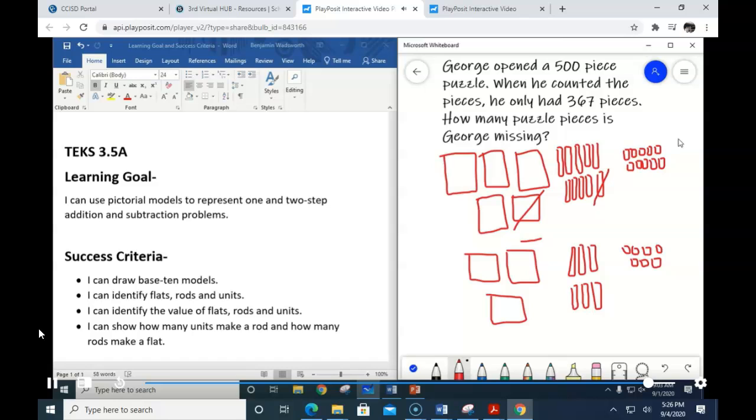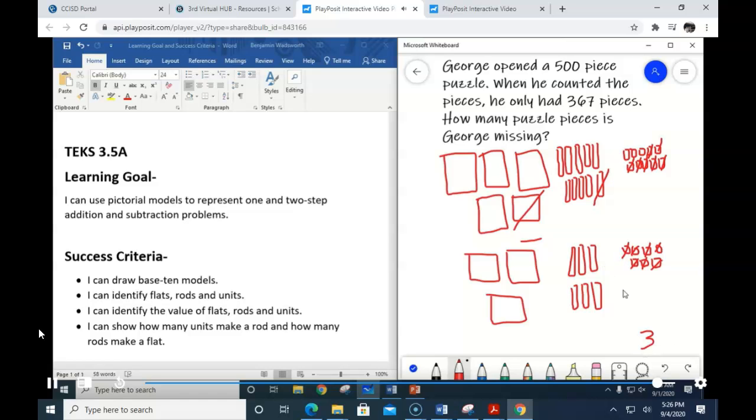Okay, so always start with our units. We're going to subtract this from this. 1 to 1, 2 to 2, 3, 4, 5, 6, 7. So we're left with 1, 2, 3.